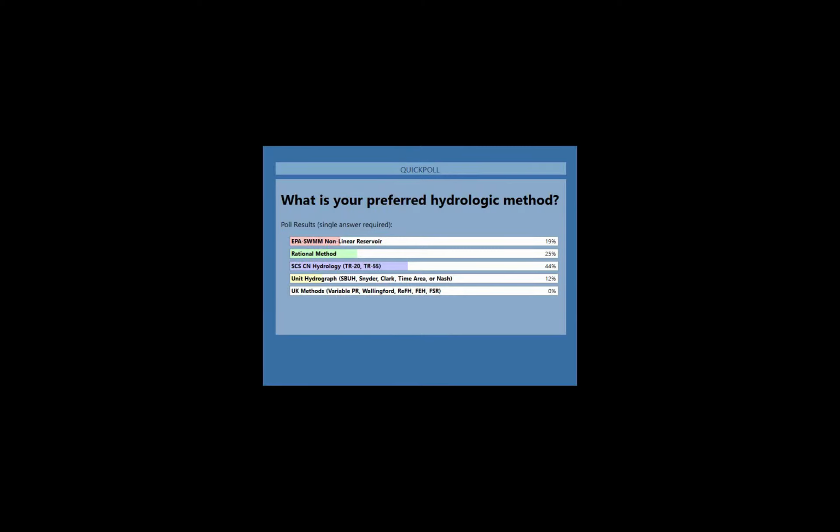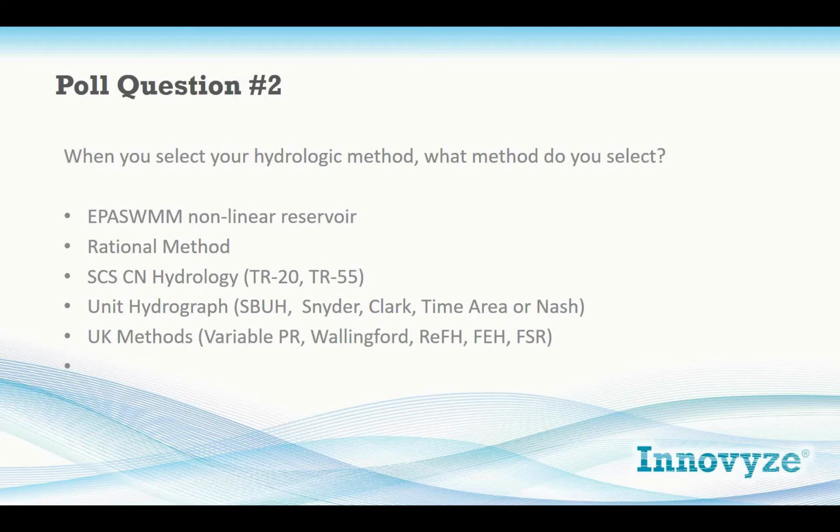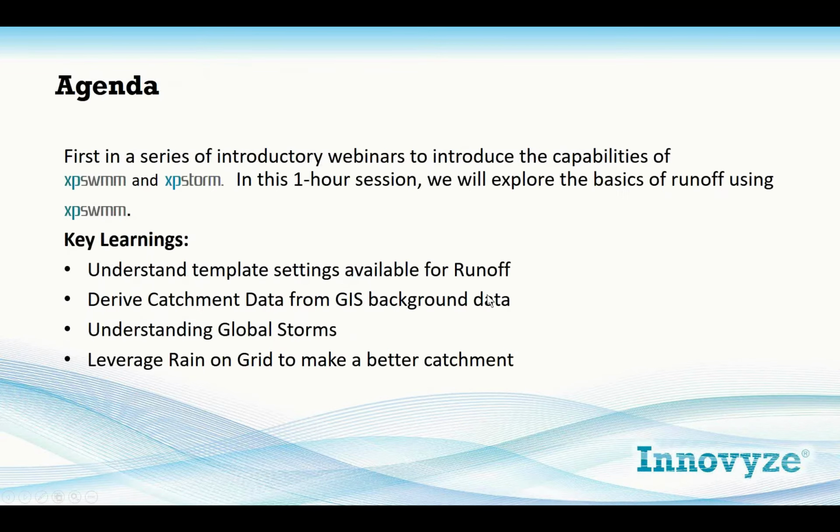And unit hydrograph, I think probably because we're closer to lunchtime out on the West Coast, where Santa Barbara and Nash come into play. Those are higher here. Obviously nobody in the UK is, it's a little late, time for dinner, things like that. So cool, those are good results. Thank you again for that.